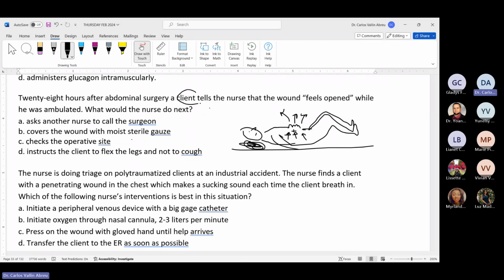The client or the nurse? So the client tells the nurse what he or she thinks. The nurse must go and verify that it is what is happening and then take the decision on the others. So the answer here is again assessment.